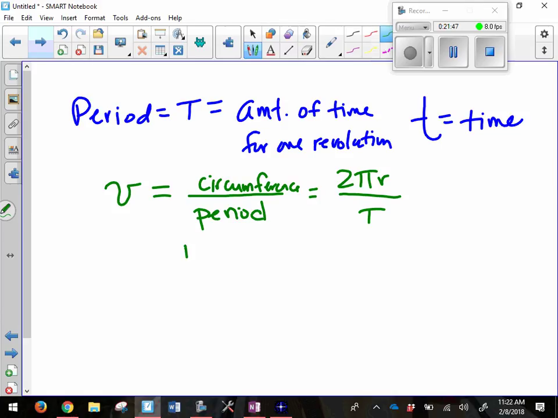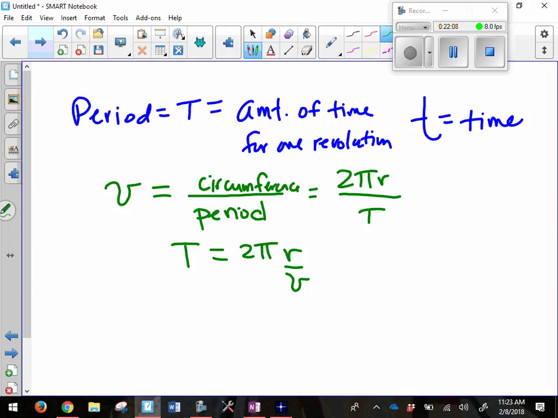And I can turn this around and solve it for period, and I get T equals 2 pi times r over v. I sincerely hope we are beyond the point where somebody's going to ask me why I don't have to have a line under everything and I can just make it r over v.